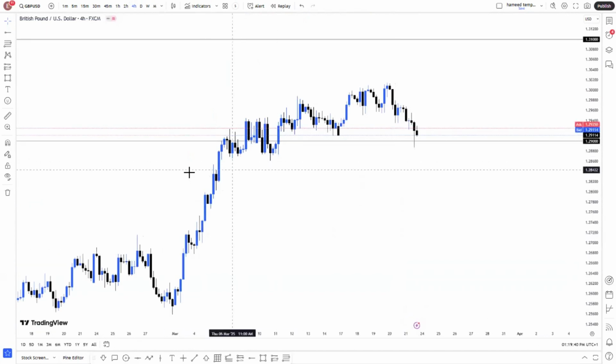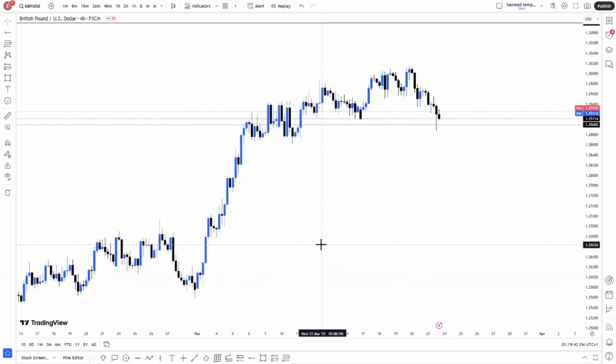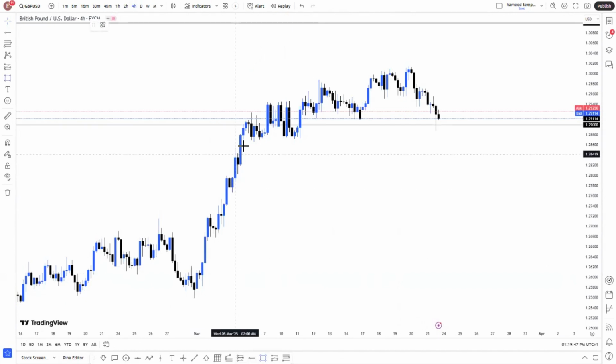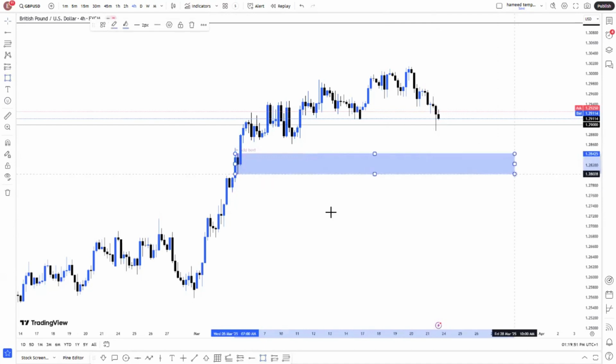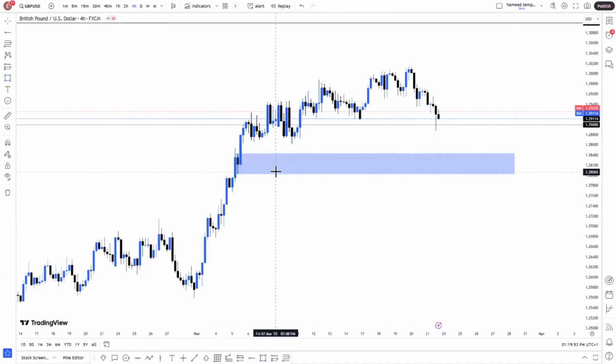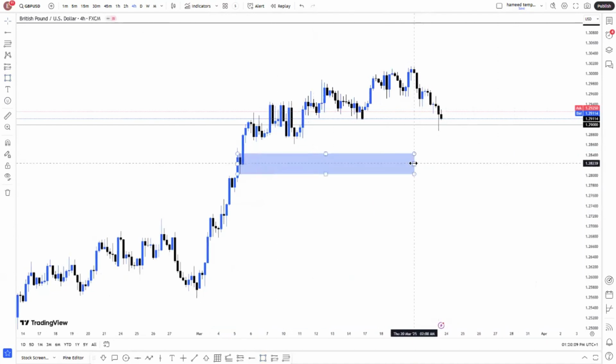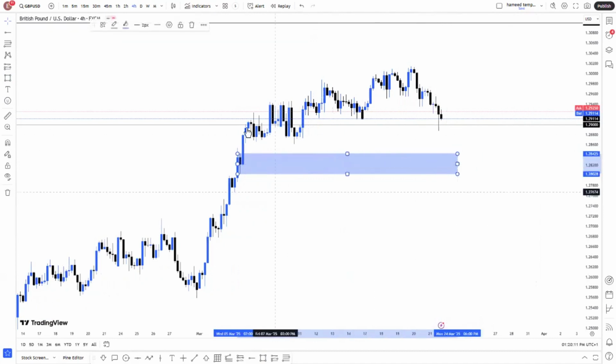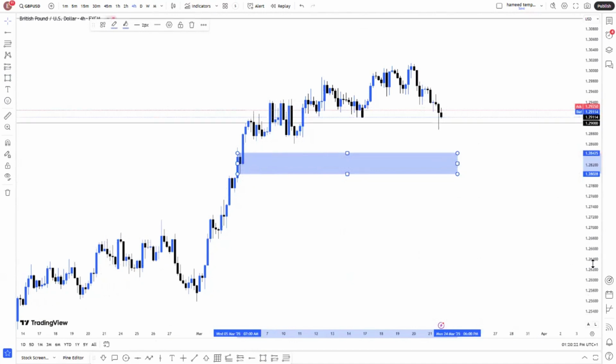On the 4 hour here, the market is looking rough. We have this demand zone here that moved the price to the upside around here. It left an imbalance around here, and the market is moving from there on the 4 hour.